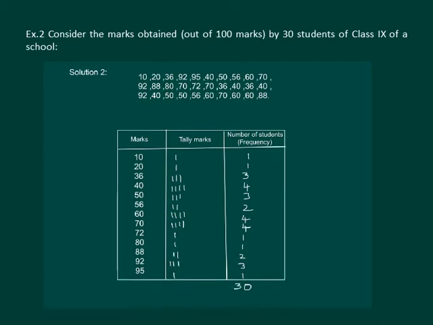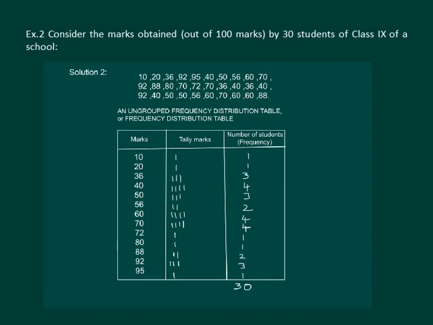That is the total entries in the data. Such a presentation of data is called an ungrouped frequency distribution table, or simply we can call it a frequency distribution table.